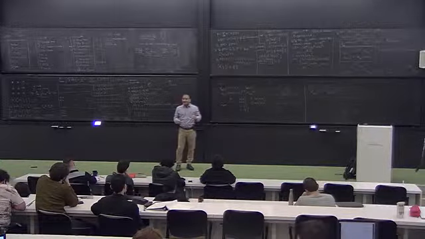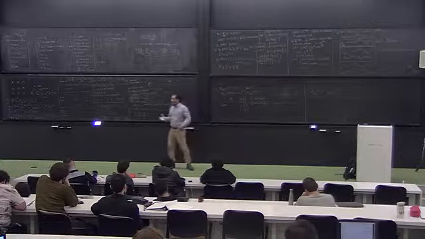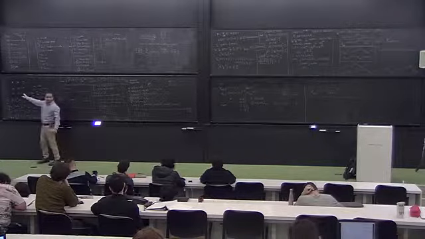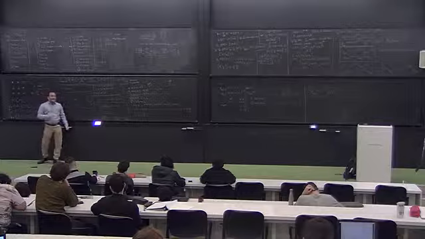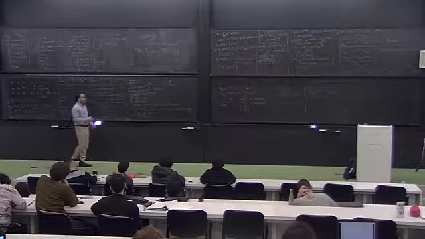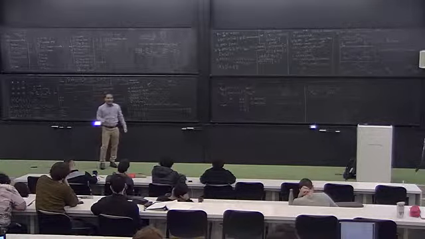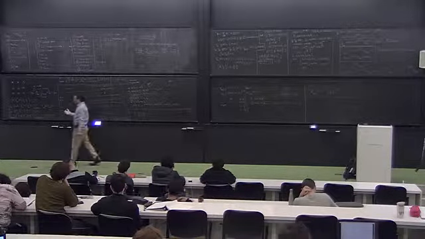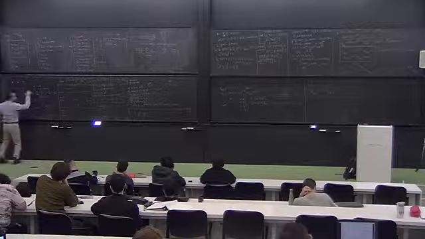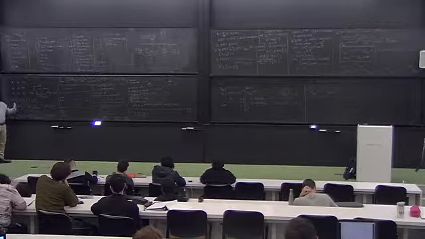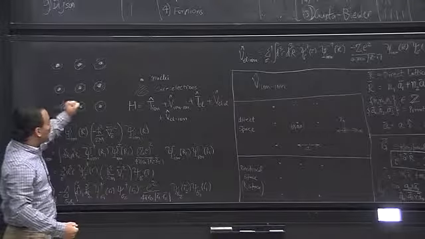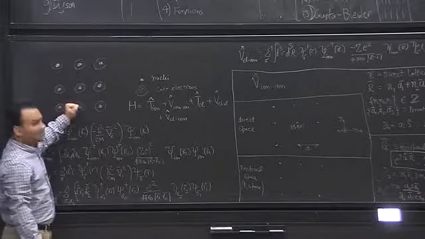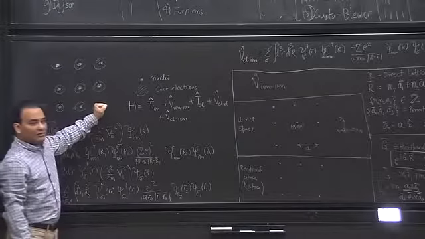Another limit is where we consider that electrons are tightly bound to these ions. And if they are tightly bound to these ions, we can describe them by what is called a tight binding model, where if you have lattice sites and assume that the electron has to be tightly bound to a lattice site, all that can happen is this electron can hop around.